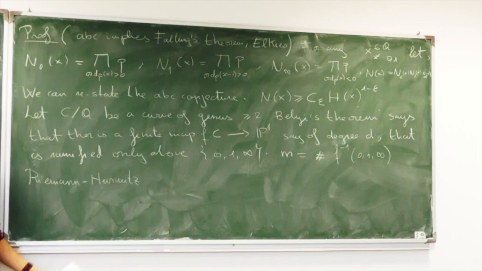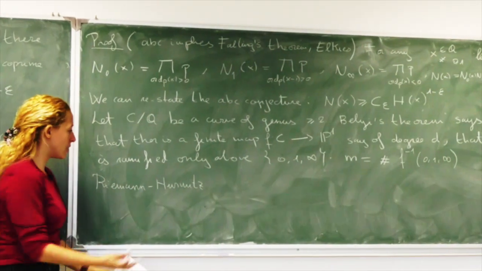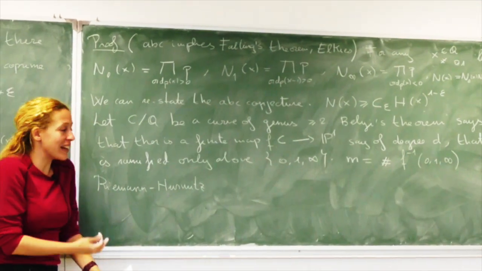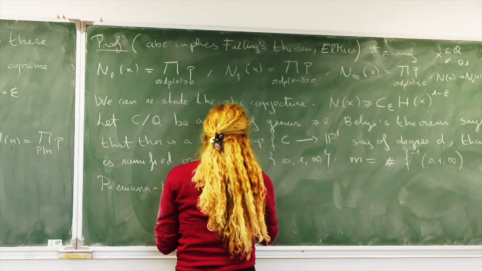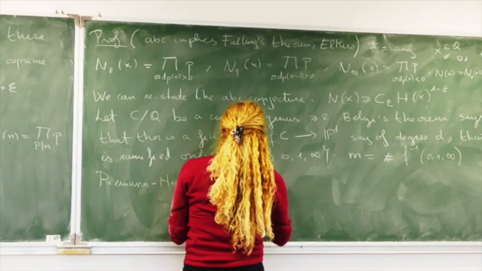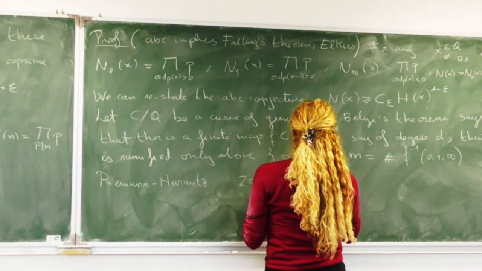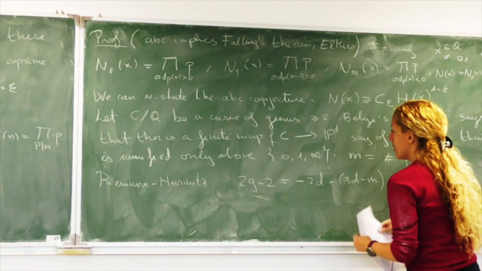If you don't know the Riemann-Hurwitz theorem, don't worry, just take it as is what I'm saying. If you know what it says, good, because then you know how to deduce it. That 2g minus 2 is equal to minus 2d plus 3d minus m.